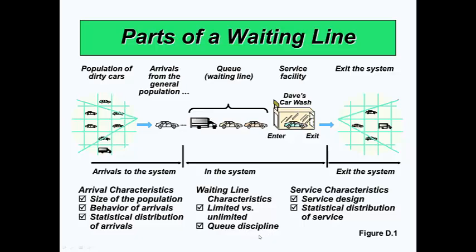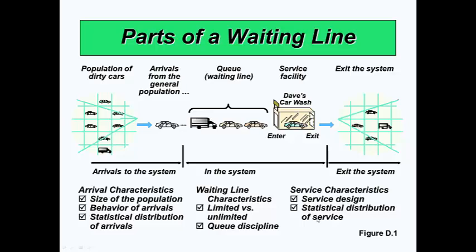The queue discipline, which means first come first serve in this case, but that is not the only queue discipline. As we discussed earlier, sometimes depending upon the time taken for a particular service, it need not be first come first serve. We will discuss that a little more. But the basic model that we are going to discuss today assumes first come first served.